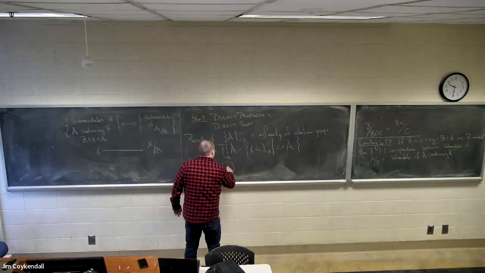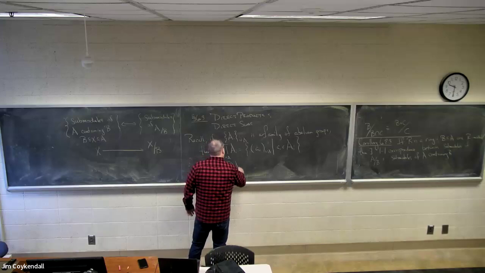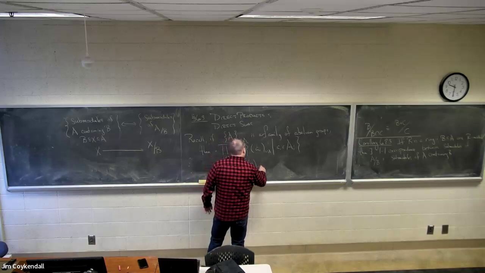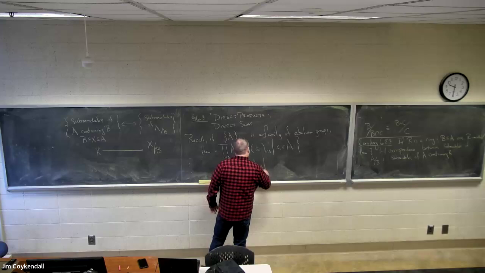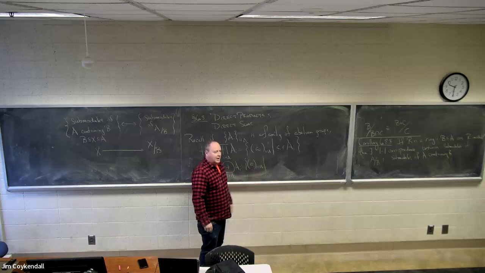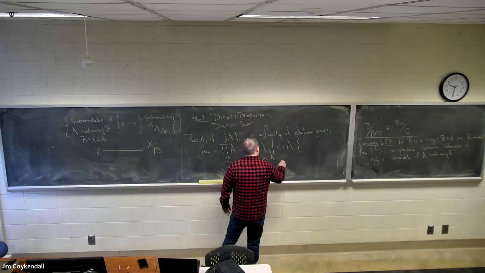Direct sum of A_i is, anybody know what this is? This is going to be very much like the direct product. Anybody know what the distinction is?